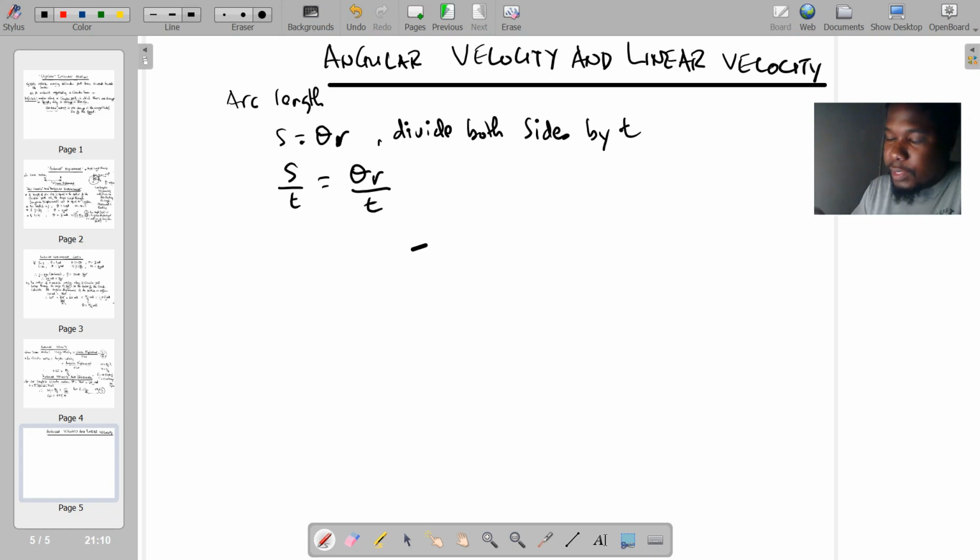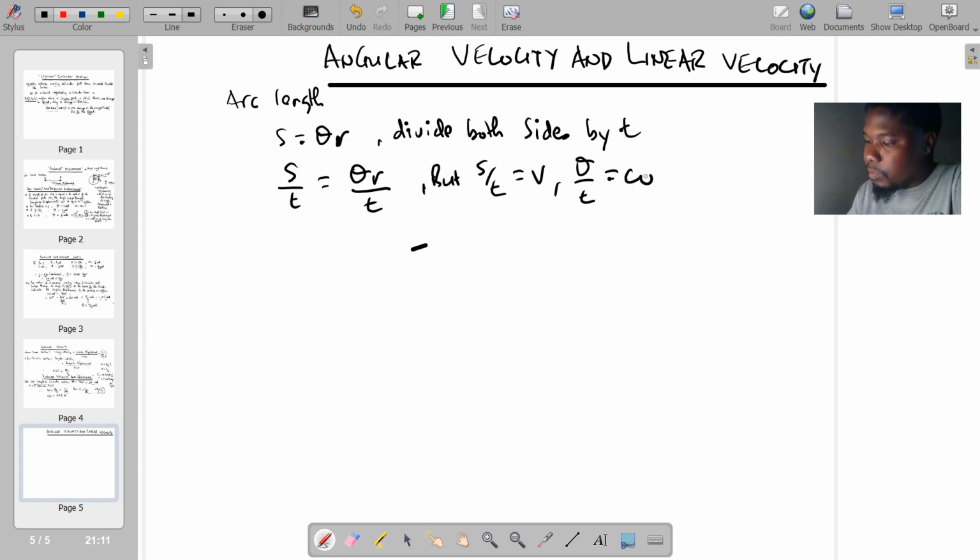Now I want you to notice something: S over t is equal to linear velocity, and theta over t is equal to angular velocity. I think you notice this right now. For those who can see it, let me write it for you properly.